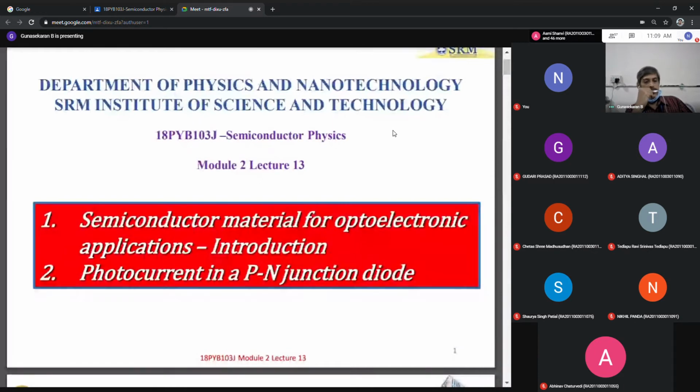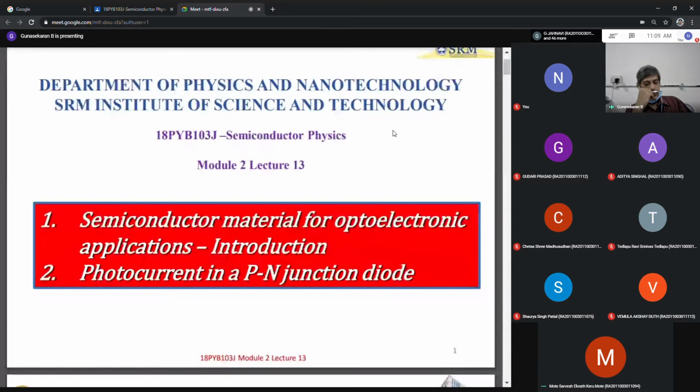Anyone, please tell me what optoelectronic devices we use in our everyday life made with semiconducting materials. Anyone? Nowadays we are using all electronic devices. Amplifier.